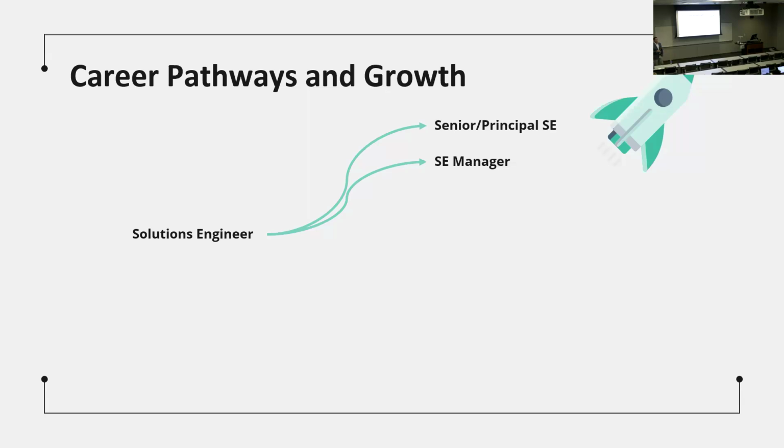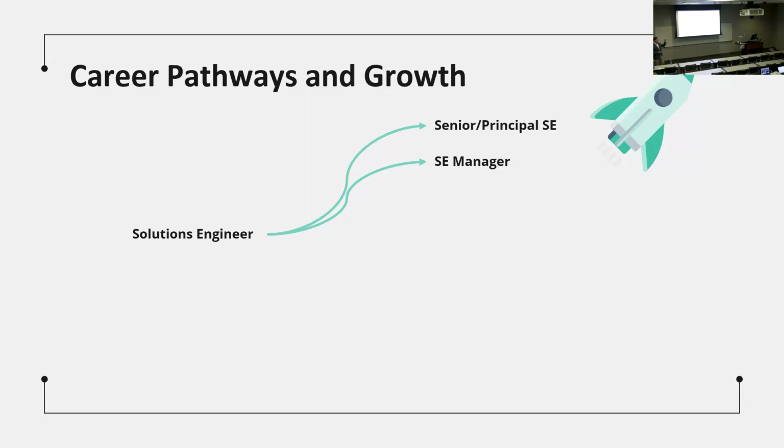You could also go up the management path and become a manager, a director, a VP. And this is going to be really helpful because your project management skills are going to come into play here.